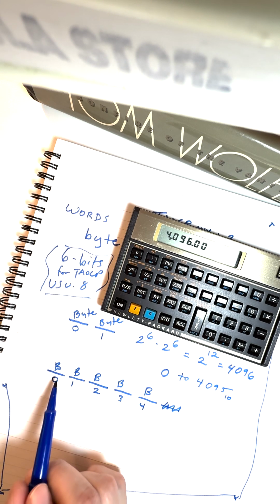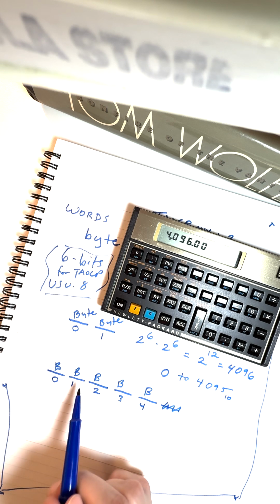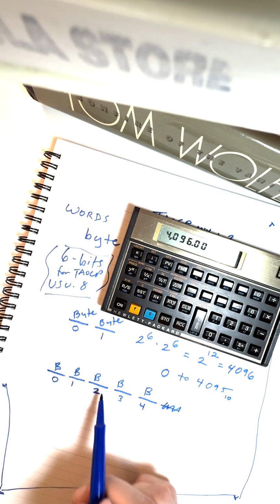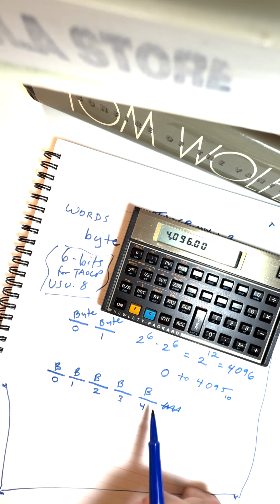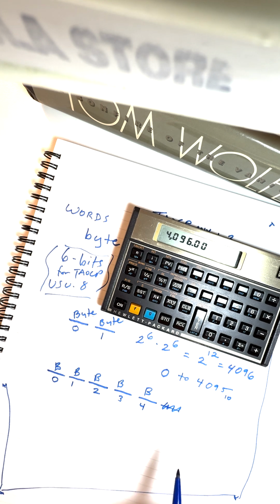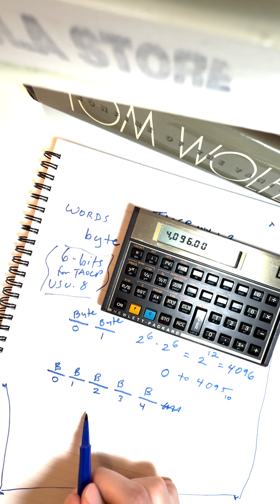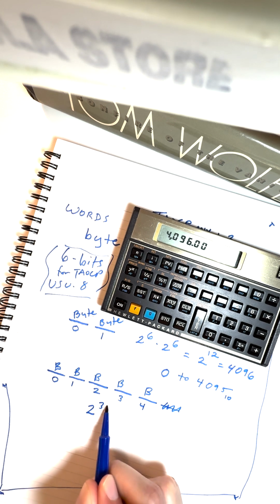So that's going to be 2 to the power 6, 2 to the power 12, 2 to the power 18, 2 to the power 24, 2 to the power 30. So how many distinct values can be represented here is going to be 2 to the power 30.